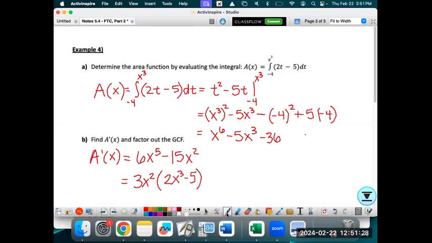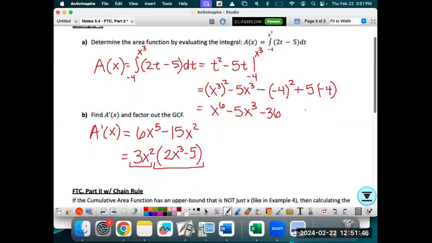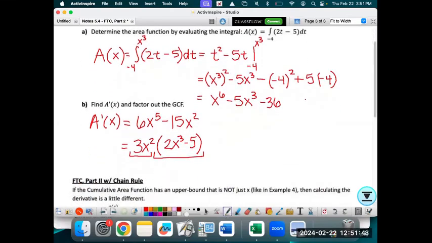I want you to compare this and this to things that you might notice from part A. Or not even part A, but the instructions in part A. Is there anything in the area function, how it's defined, that you can relate to these two parts? So here's personally what I'm noticing.